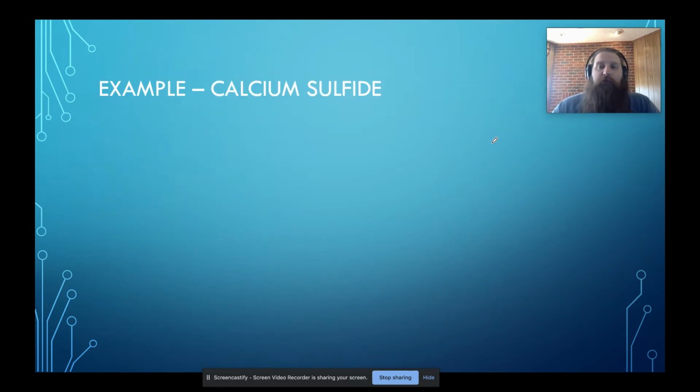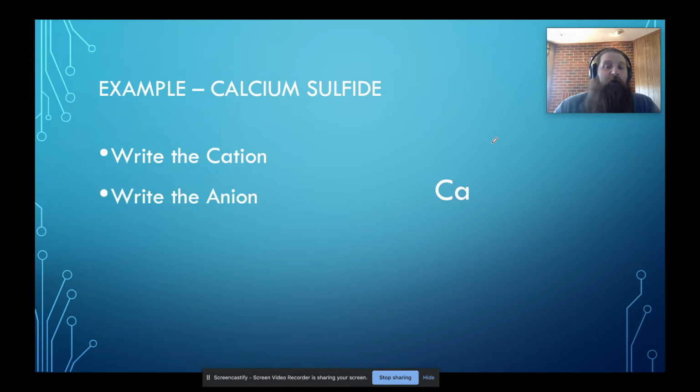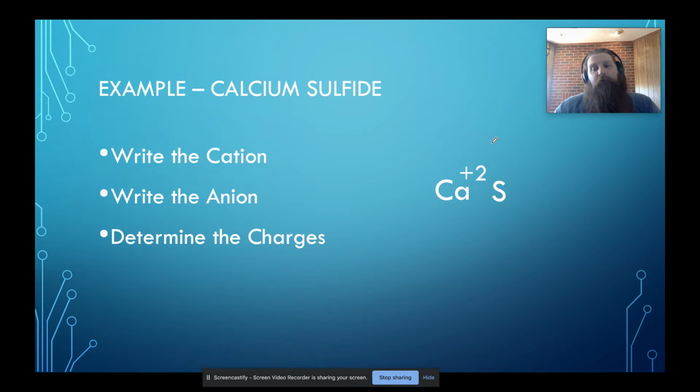Let's do one more. Calcium sulfide. All right. Cation here, the metal. Hopefully you know calcium is Ca. All right? It's on the periodic table. Really good idea to print the periodic table out and use it. Okay? You can't do this without the periodic table. The anion is going to be sulfur. All right. What are the charges? Well, calcium is an alkaline earth metal. Sulfur is in the same column as oxygen.